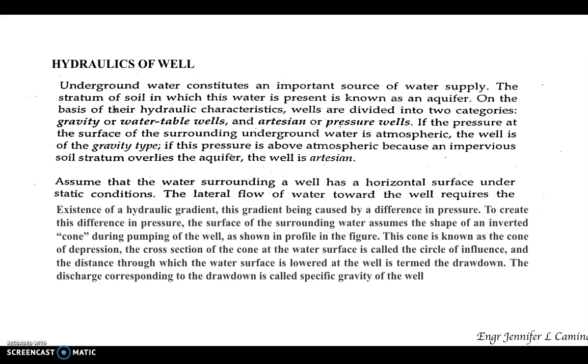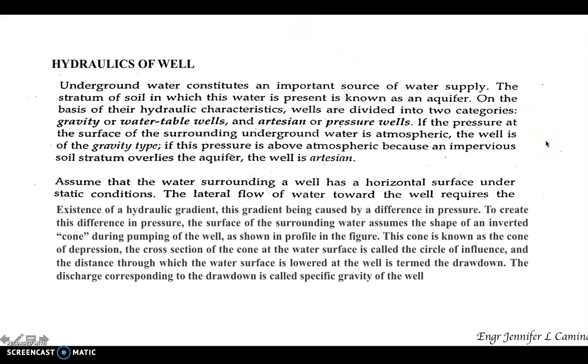So underground water constitutes an important source of water supply, which is very true because our underground water is a supply of water in some areas. The stratum of soil in which the water is present is known as an aquifer.